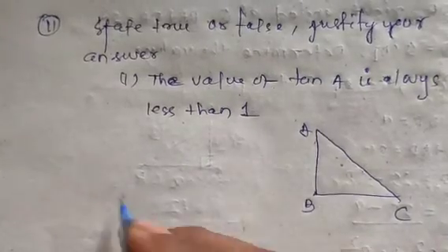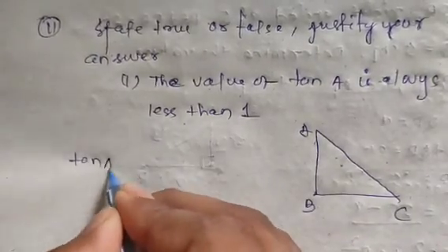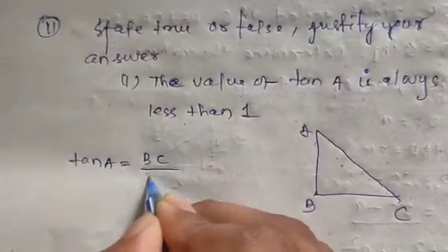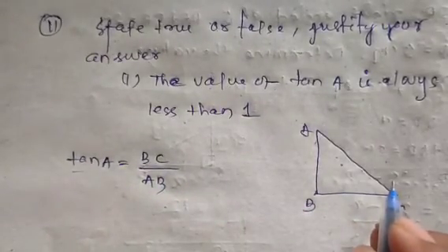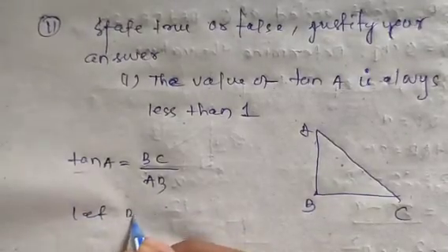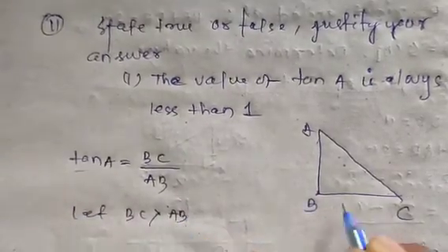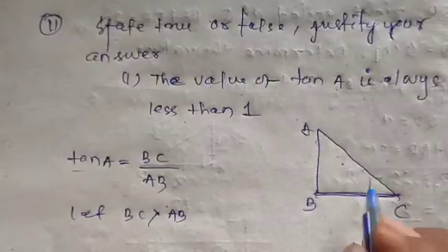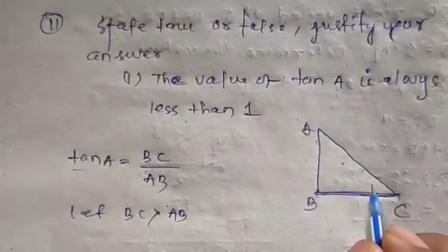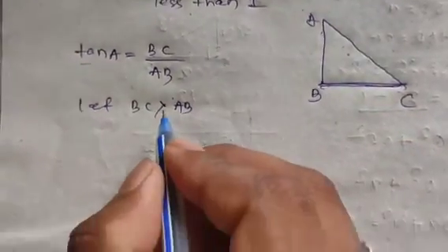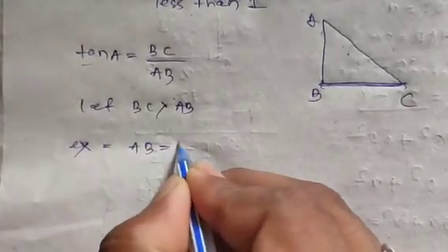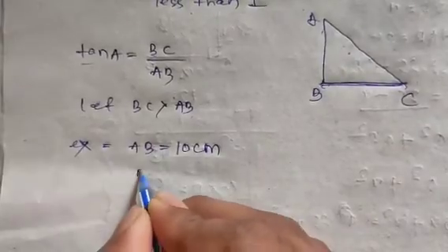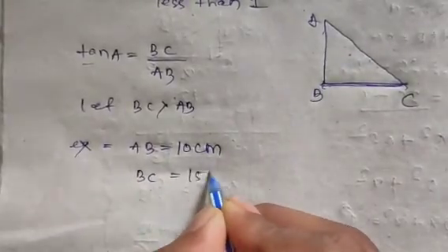So here we know tan A is equal to BC by AB. In this triangle, tan A is equal to BC by AB, right? Let BC be greater than AB. So let us take an example. Taking an example that AB is equal to 10 centimeter and BC as 15 centimeter.